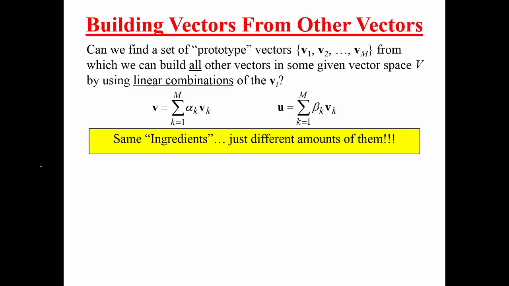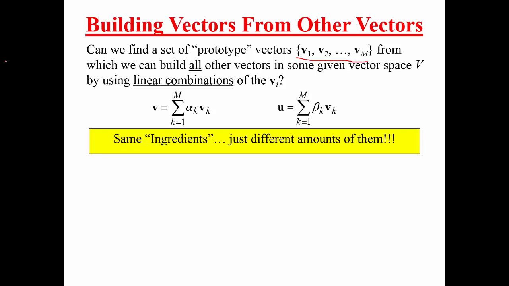So the basic idea is we'd like to find some prototype set of vectors, m of them, however many of them, so that when we have some given vector space, maybe R5 or even some less obvious vector space, we'd like to find a set of vectors that we can use to build any vector in that space. So this is the way I like to think about it.